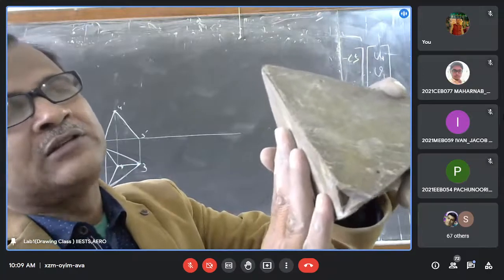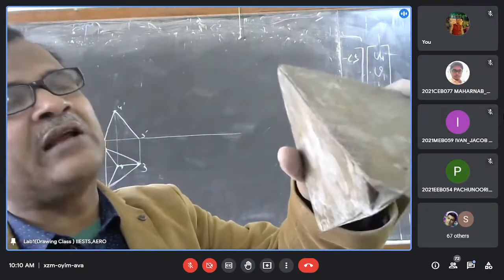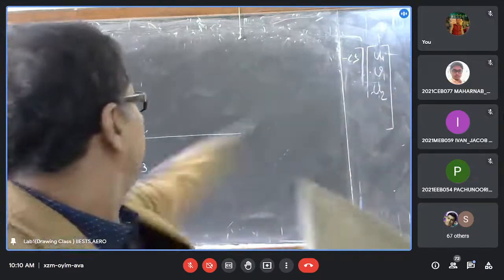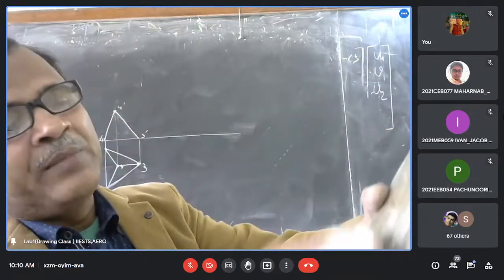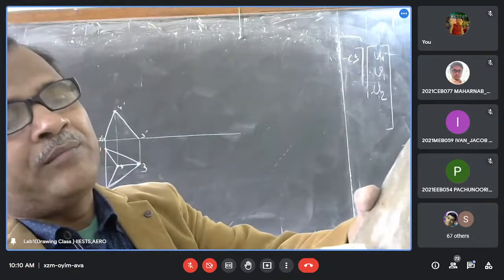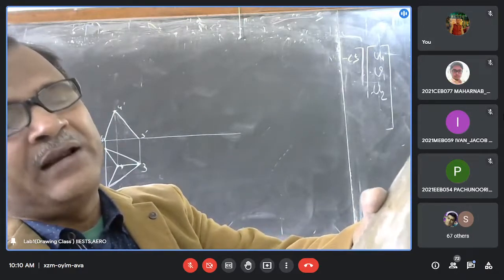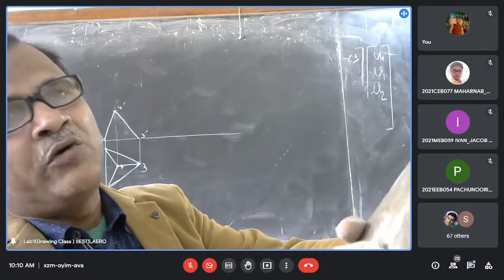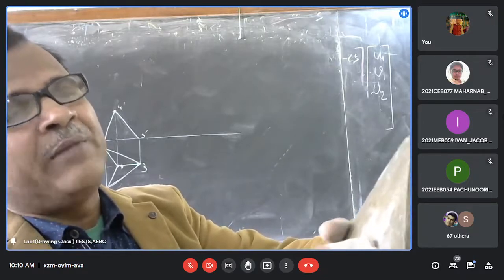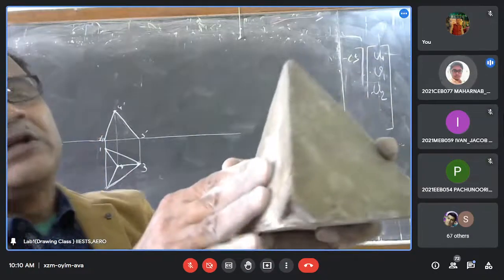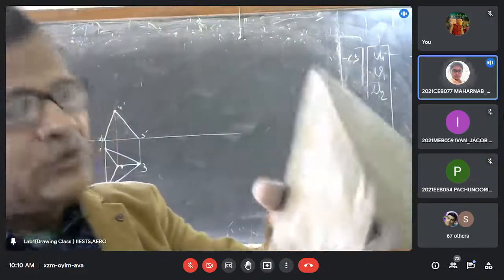That triangular surface makes some angle with the vertical plane, 30 degrees. So now in this condition, the triangular surface is perpendicular to the vertical plane but making some angle with the horizontal plane.